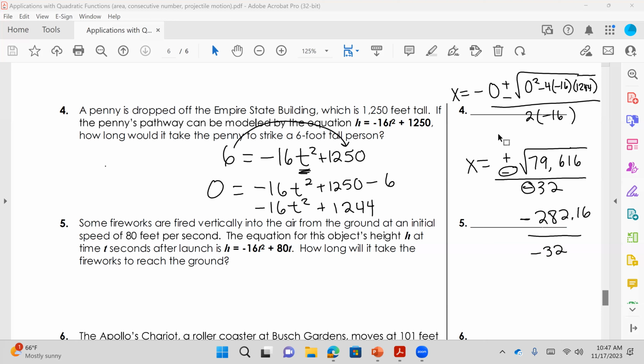Okay, and then divide this. We're going to get a positive answer. And that will be the x value. 8.82. Thank you. So 8.82 seconds. That is how long it would take for the penny to reach 6 feet.